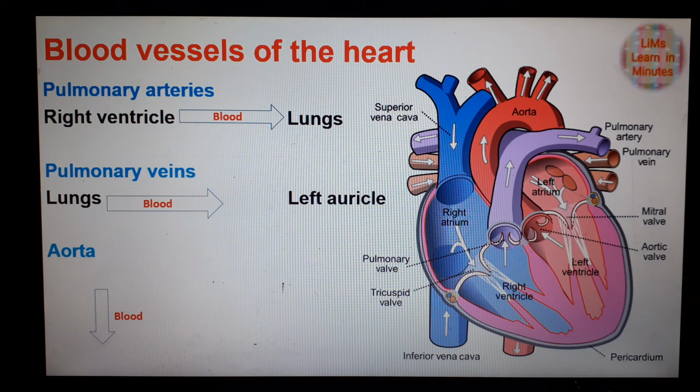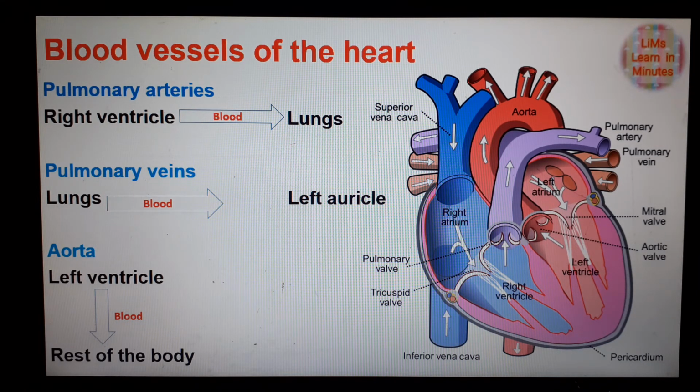Fourth, the aorta. It carries blood from the left ventricle to the rest of the body. All these vessels have valves at the points where they open into the heart. This is about the four types of vessels of the heart.